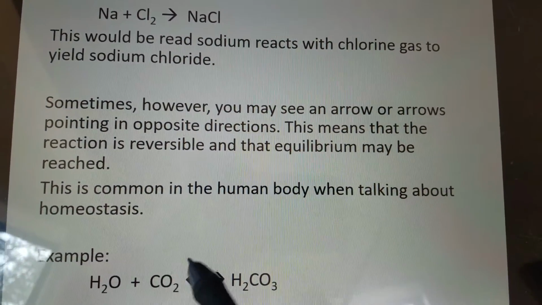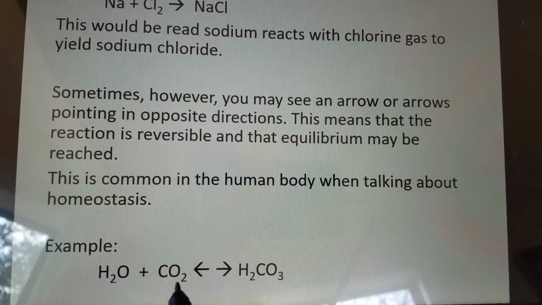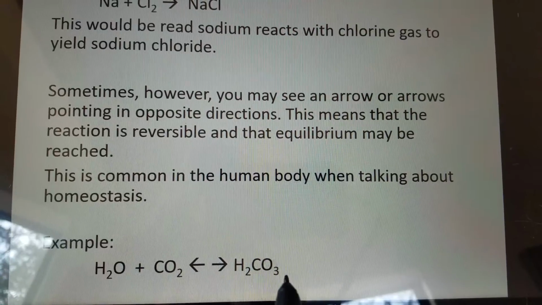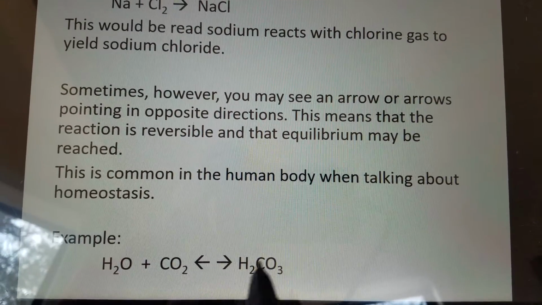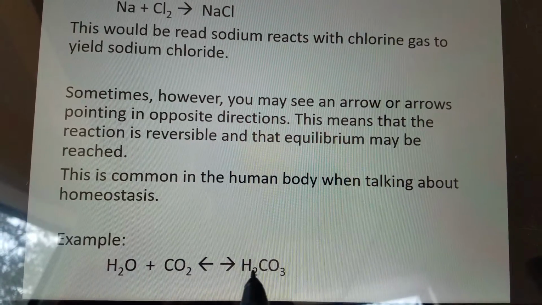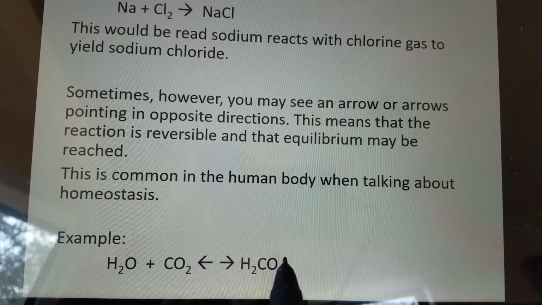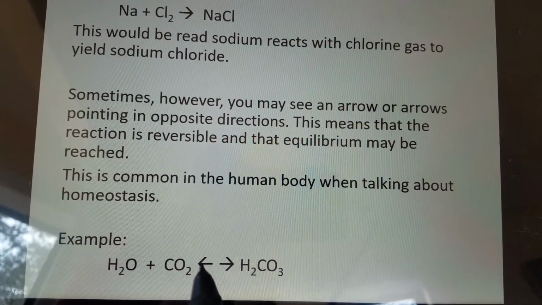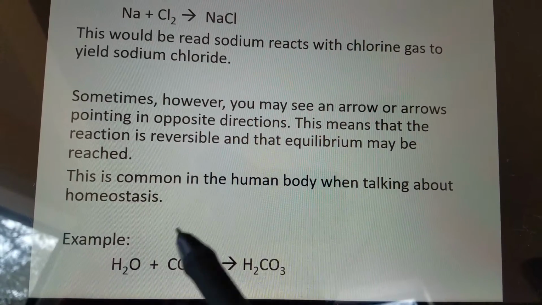So in this particular case, if you take in a lot of carbon dioxide, or if you're holding a lot of carbon dioxide, then it's going to be converted into this compound and vice versa. So you can store more carbon dioxide in this form, and it can travel in the blood this way. Or if you want to get rid of extra carbon dioxide in the blood as you exhale, for example, then it would be reversing this direction, and then, of course, this would be a product that could be exhaled.